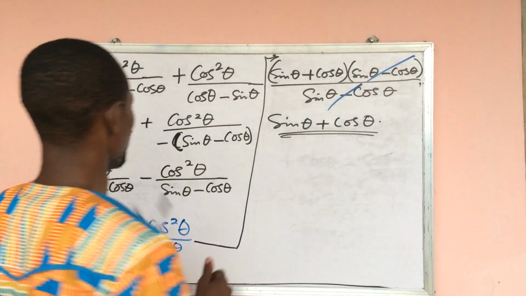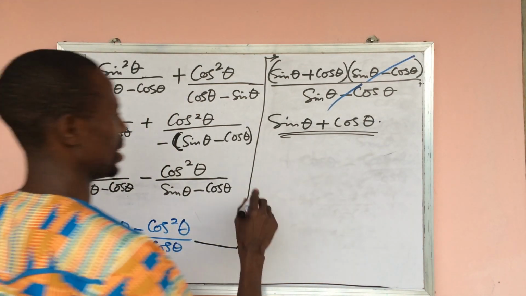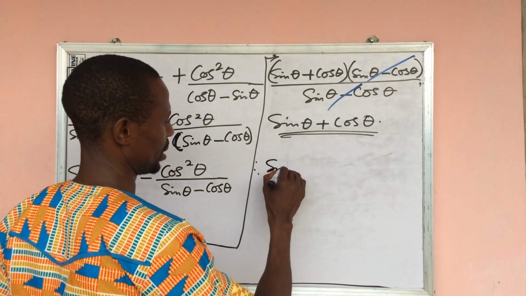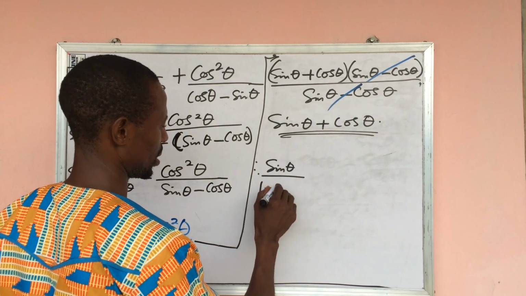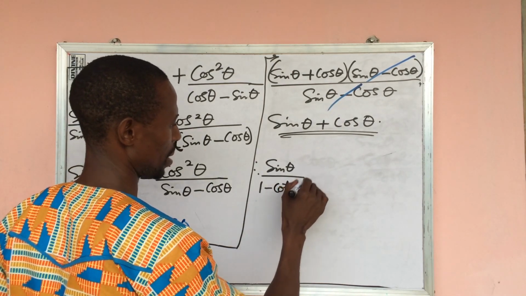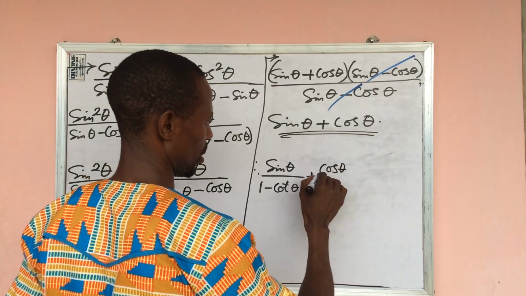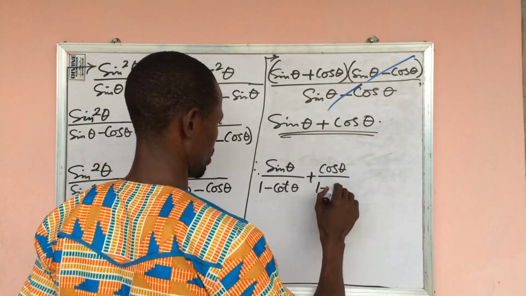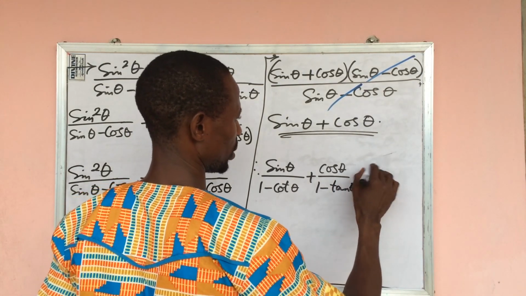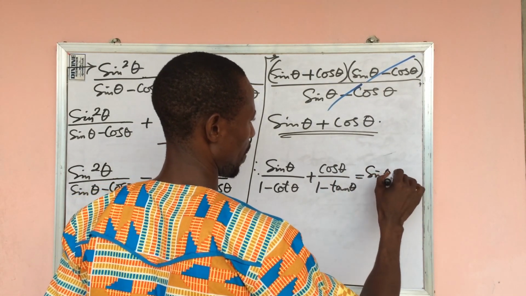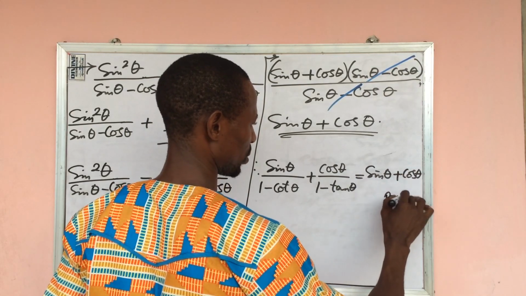So we can bring back our normal expression, which says: prove that sine theta all over 1 minus cot theta, plus cos theta all over 1 minus tan theta, equals sine theta plus cos theta. Proved.